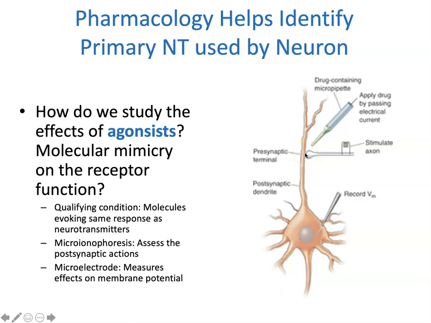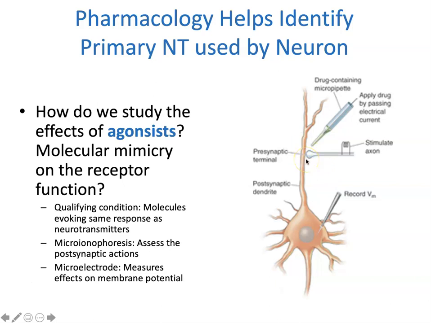The first question they help us answer is, is this particular neurotransmitter the one that's used primarily by this axon? That's question number one. Question number two, three, or four could be, how is this neurotransmitter used? Is it used alone, or are there other neurotransmitters also functional at this synapse?